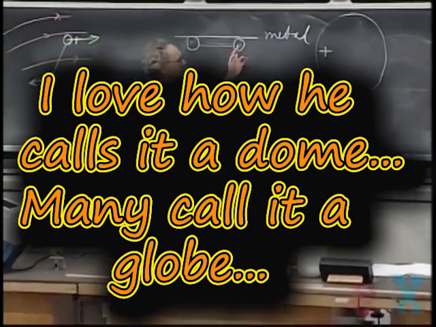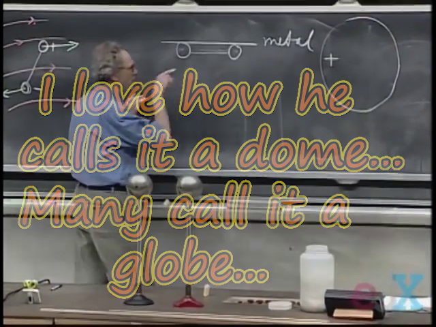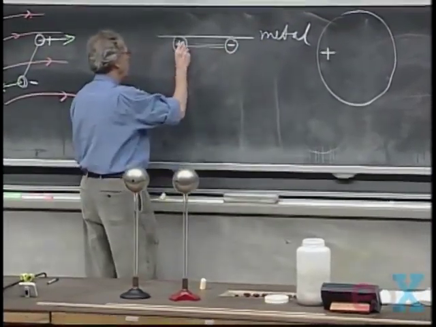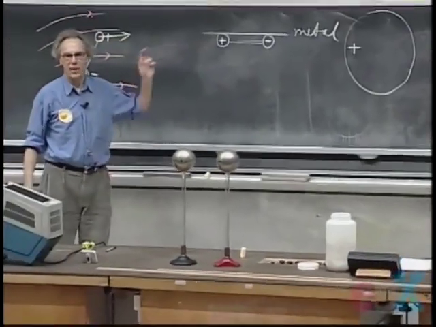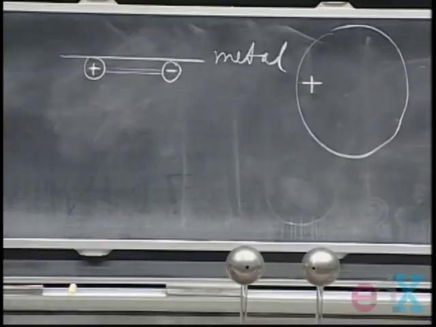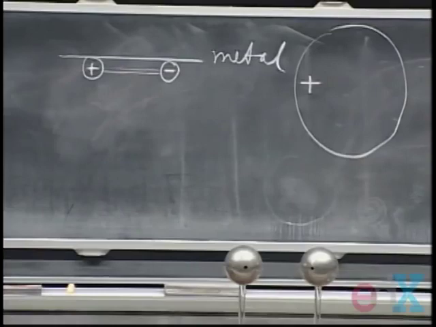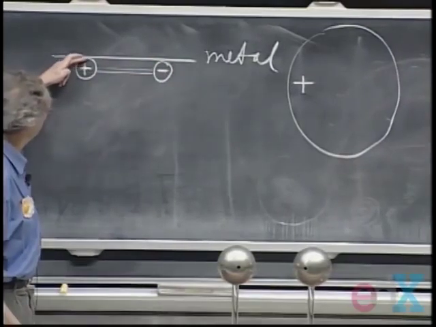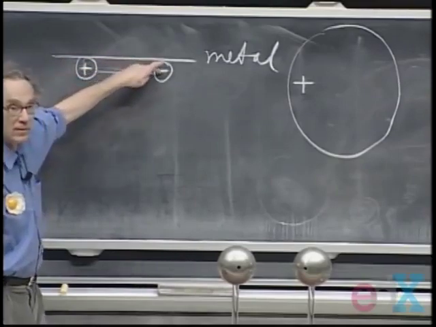What will happen now? Electrons want to go in this direction. So this becomes negative. Protons, positive charge stays behind. So that becomes, through induction, a dipole. Because I have them connected with this metal bar. So these electrons can flow through this bar and end up here.